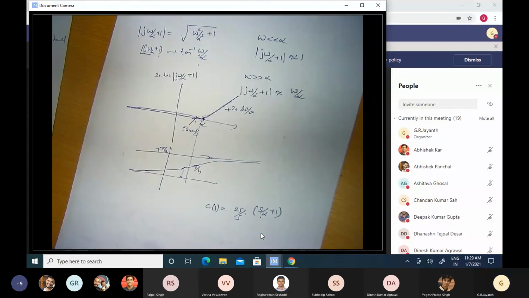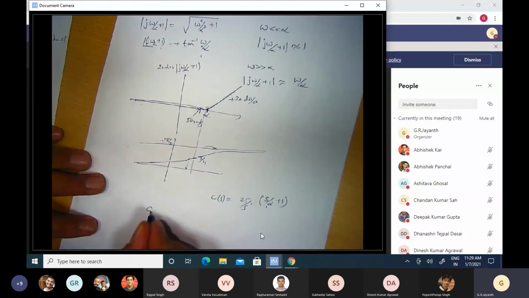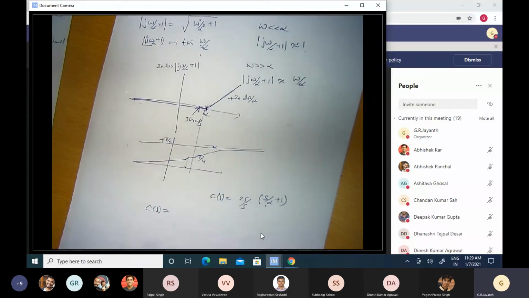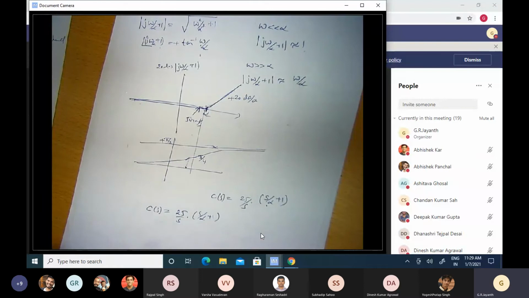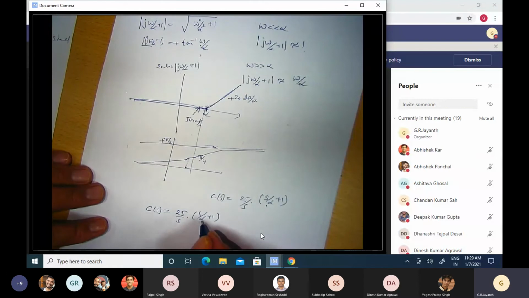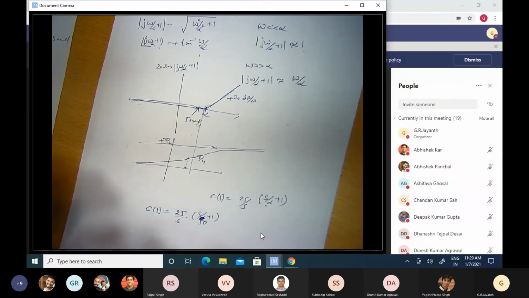So my controller structure, therefore, to make sure that my phase margin is 40 degrees, is going to be of this kind: 25 by S times S by alpha plus 1, where alpha is close to 50. I shall simply put 50 right now for the sake of simplicity.